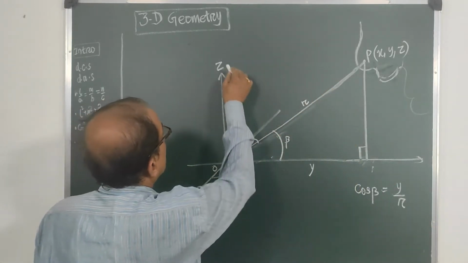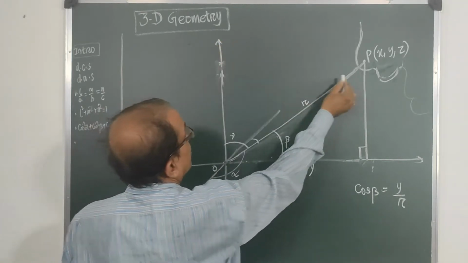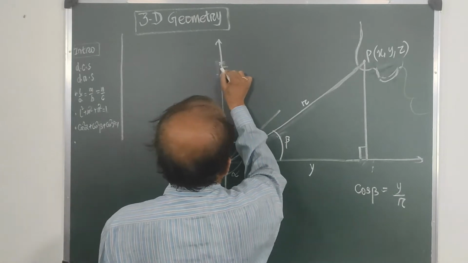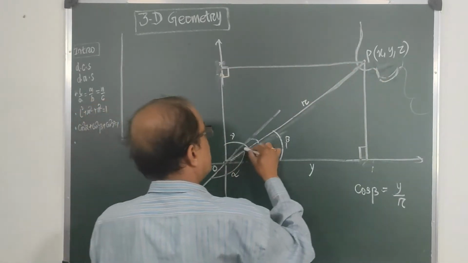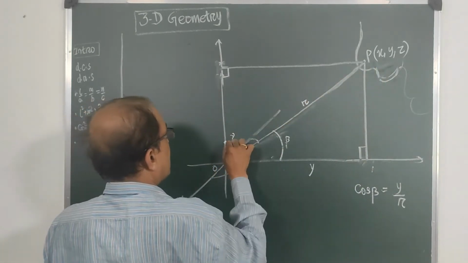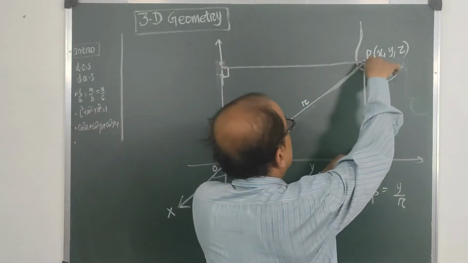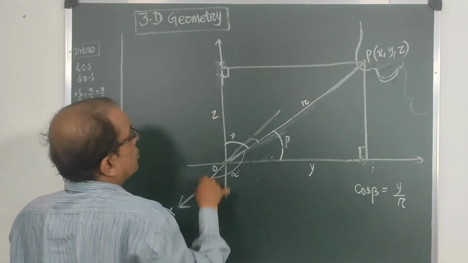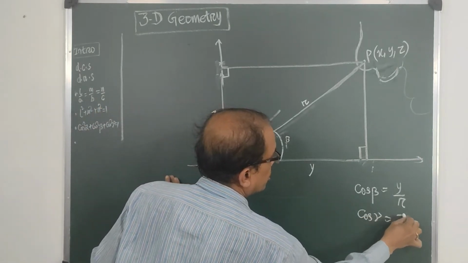And similarly, let us extend the z axis a bit more and draw a perpendicular here. The same string with length r makes an angle gamma here, and since this length is the same as z, you will find cos gamma is equal to z by r.